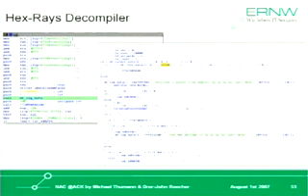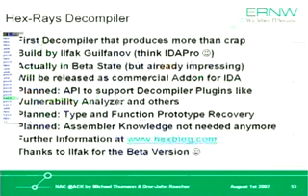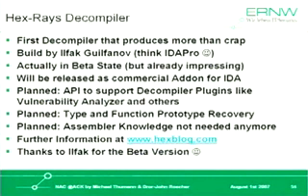I already took a look at a lot of decompilers, but almost all of them were really crap. They didn't help with anything. But this one is quite promising. It's the first decompiler I saw that produces more than crap. I tried it with a buffer overflow demonstration program I wrote some years ago, a small TCP server.